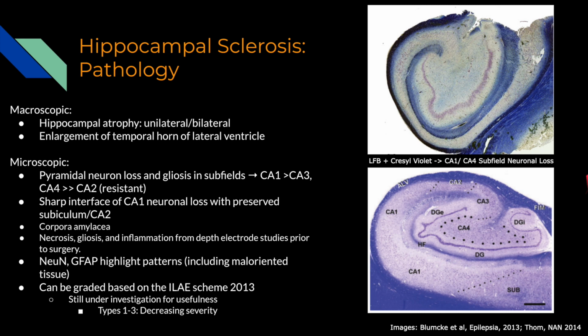So microscopically, you can stain these sections, and just something to note, a nice learning point is that you'll quickly see this LFB stain here, which stains myelin. It's a chemical that stains lipid bilayers.